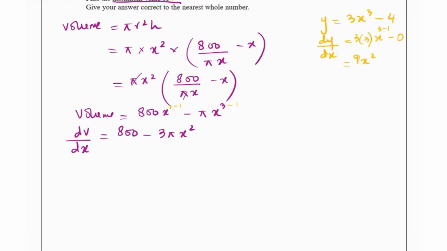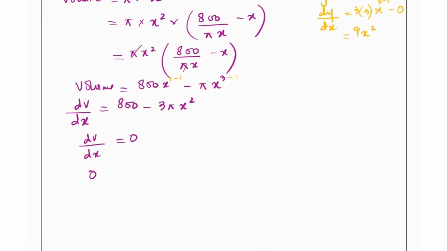Now for the maximum value of v, we need the maximum value of x. And for the maximum value of x, we put the dv by dx equal to 0, because maximum value is a stationary point. So 0 equals to 800 minus 3 pi x squared. 3 pi x squared equals to 800.